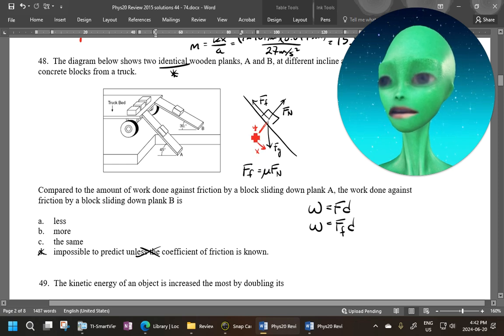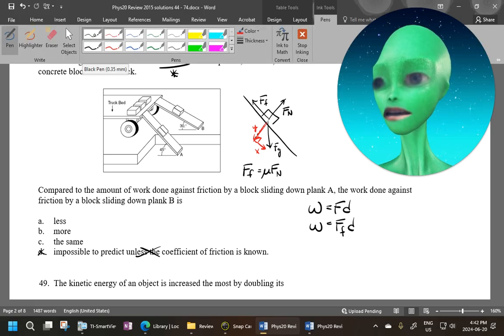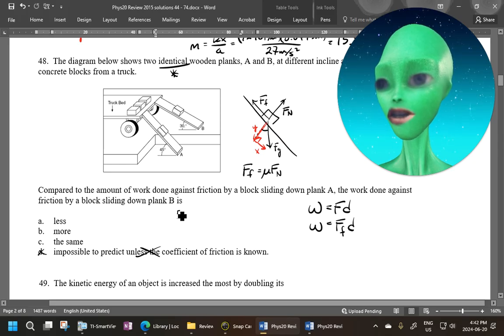To figure out the y component, that is going to be the cos of the angle they give us, right? So FGy is equal to whatever FG happens to be, doesn't really matter, times cos theta.